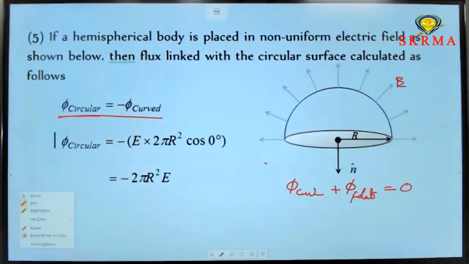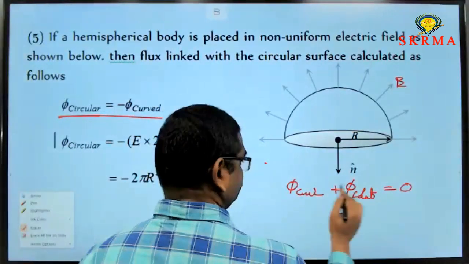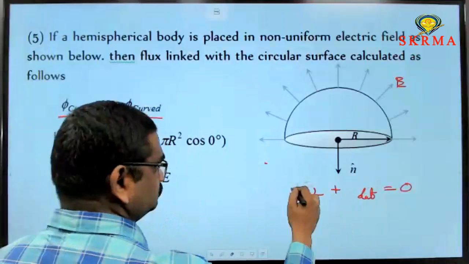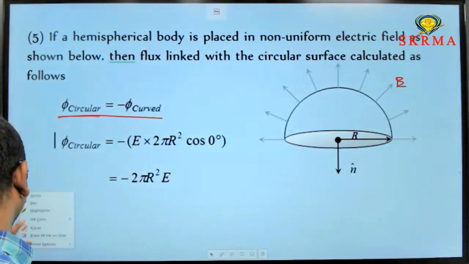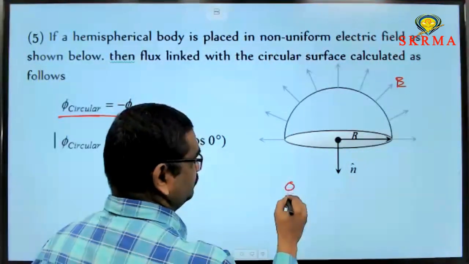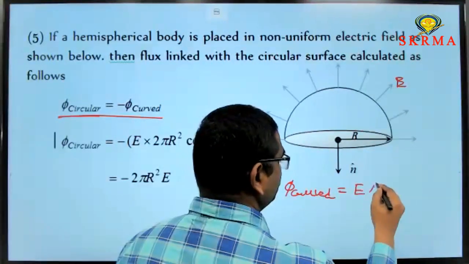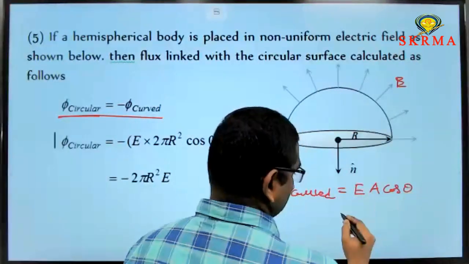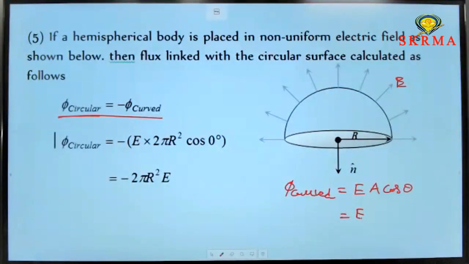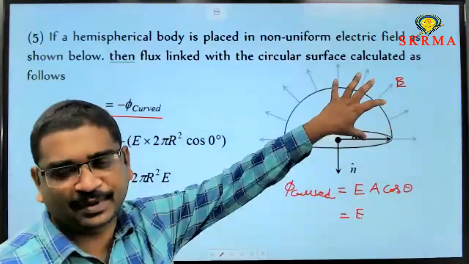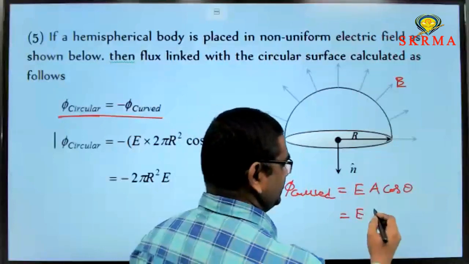Now, what is the formula for the flux passing through the curved surface? Curved equals E A cos theta, where A is the area of the curved surface. What is the area of the curved surface? For a sphere, the area is 4 pi r square. Now this is a hemisphere, so the area is 2 pi r square.